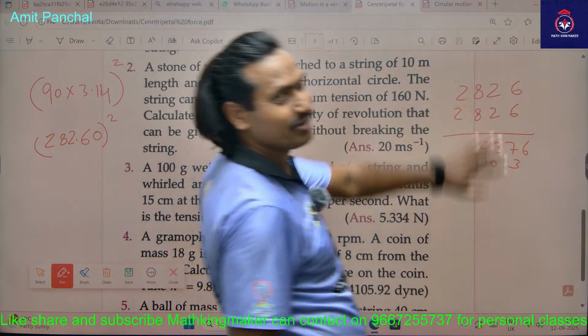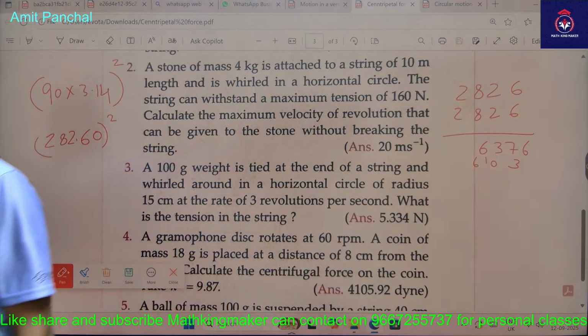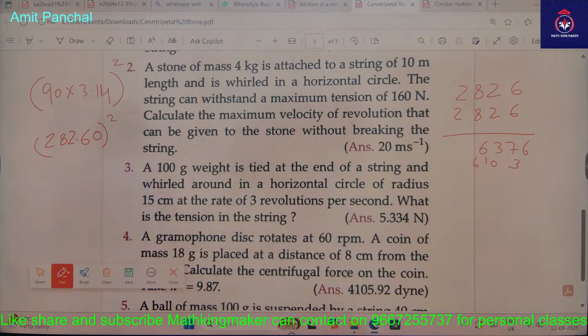Okay, this is just a calculation here. You can do it after the class also.